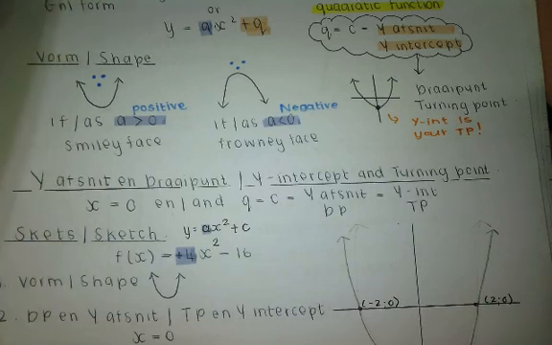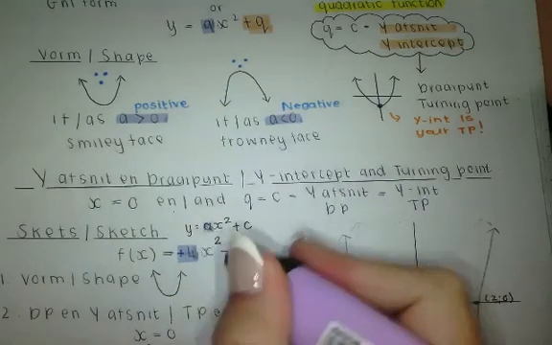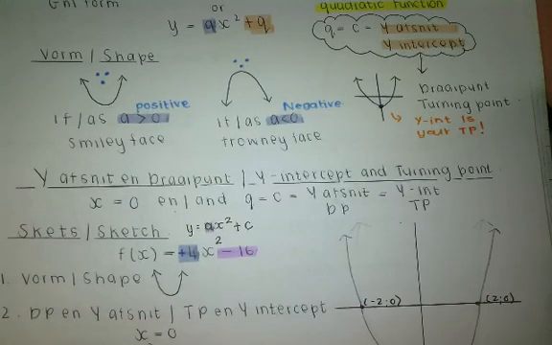Okay, let's move on to what other pieces of information they give us. They tell us that our C value is negative 16. So we don't even need to go and find a y-intercept, because they give it to us from our equation, just like they did in the linear.